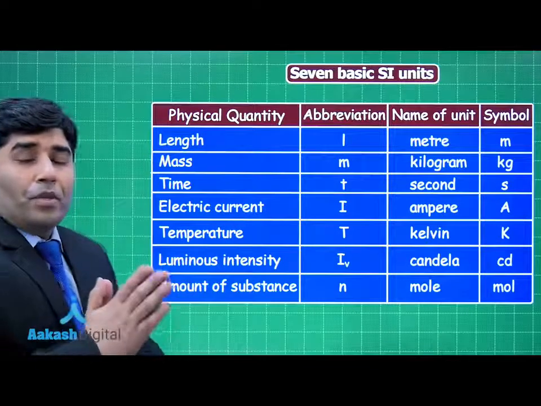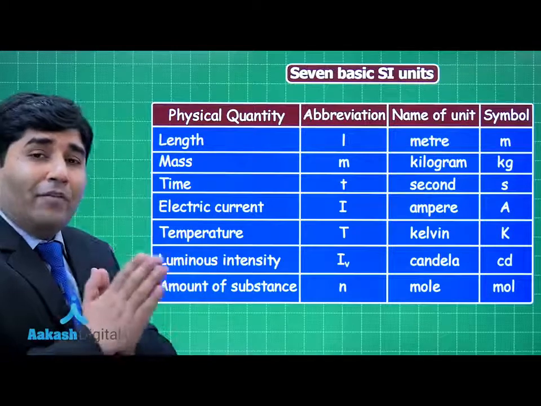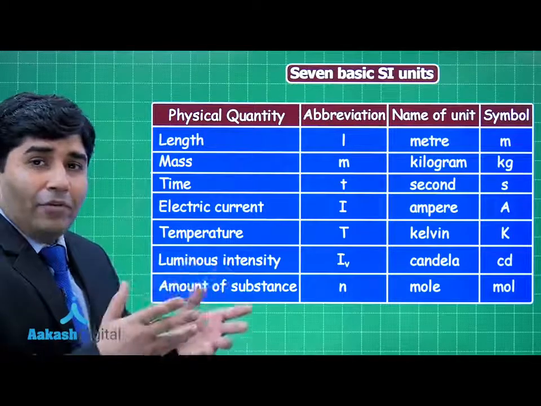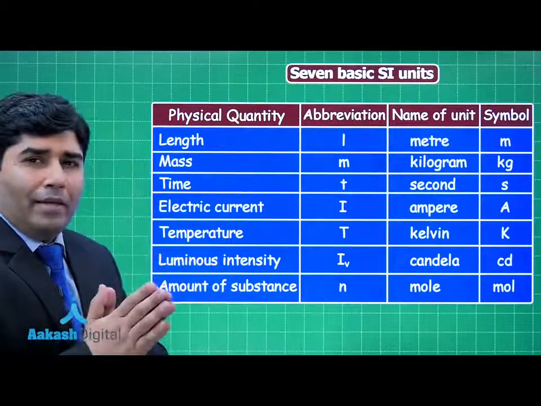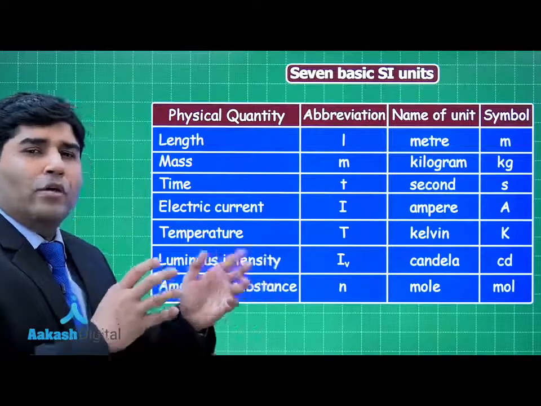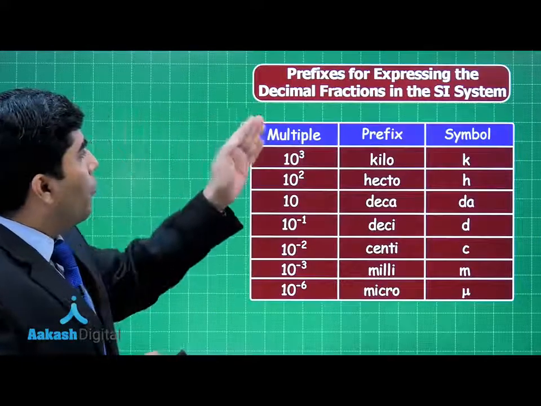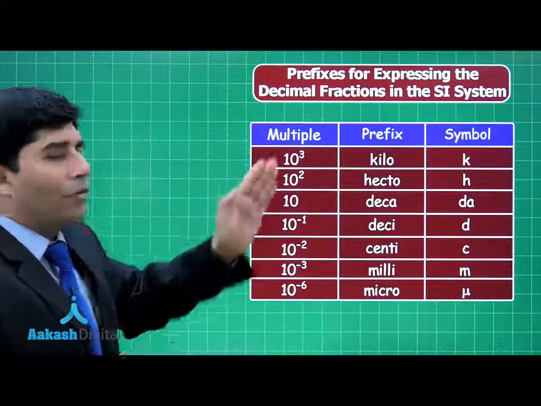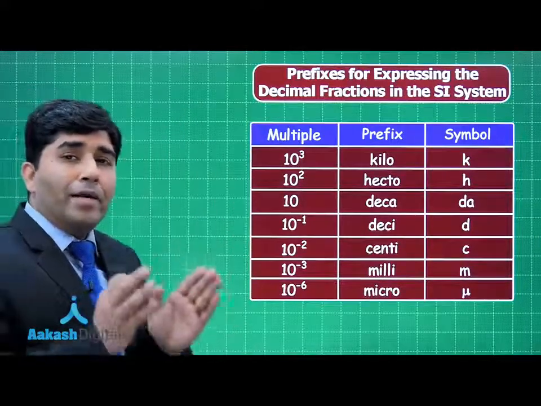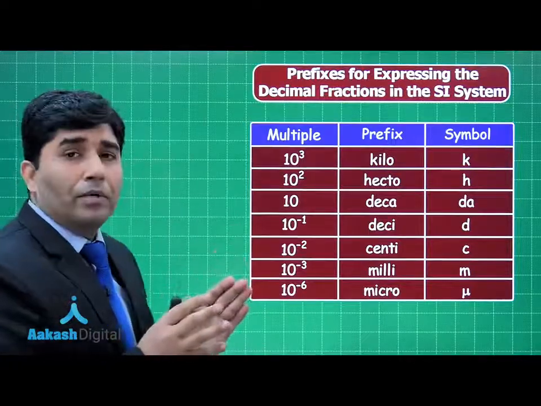Now, those units generally we use in our day-to-day life, and some common terms are there. Let us discuss those terms. And those terms are the prefixes for expressing the decimal fraction of SI unit. Let me explain to you what this actually is.